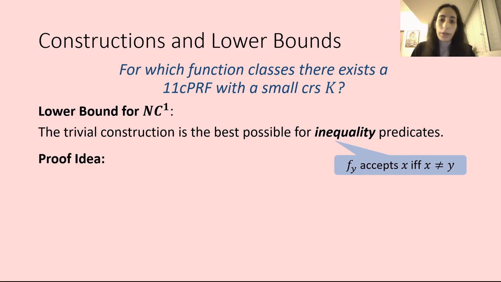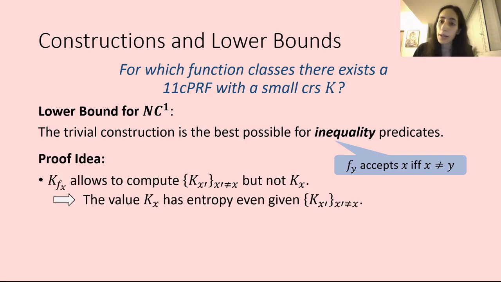Okay. So consider some x and look at the constraint key for f sub x. Due to the correctness, we know that this key should allow to compute k of x prime for all of the x primes which are different than x, because all of those x primes are authorized by f sub x.